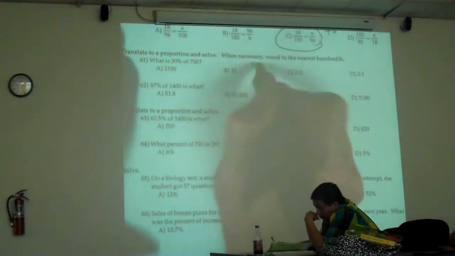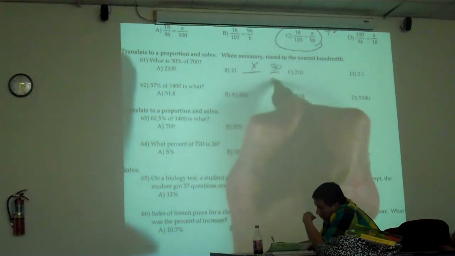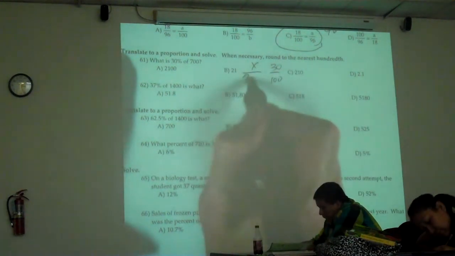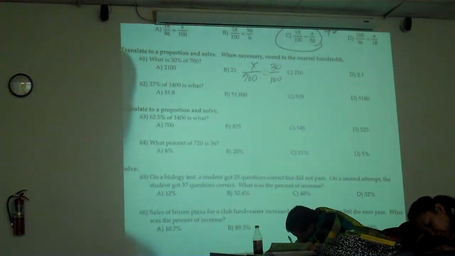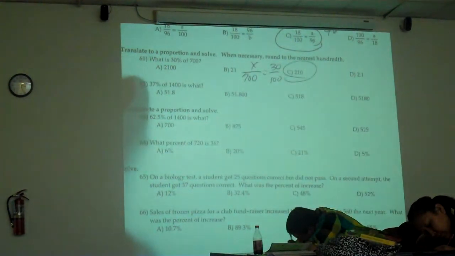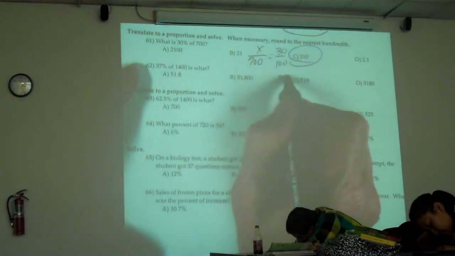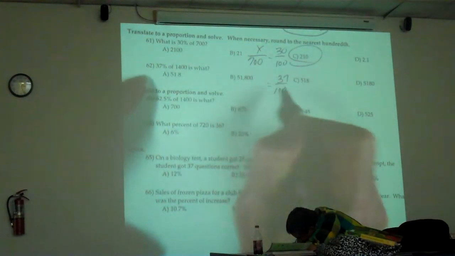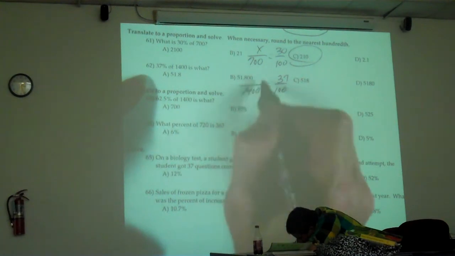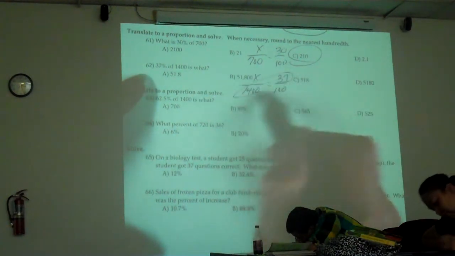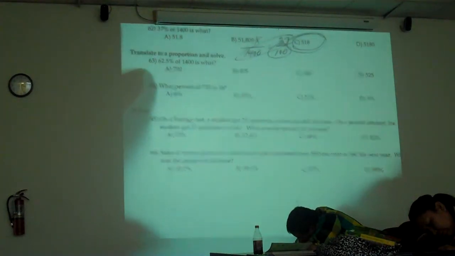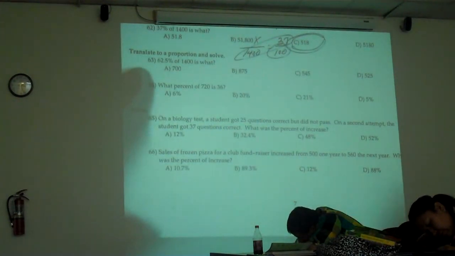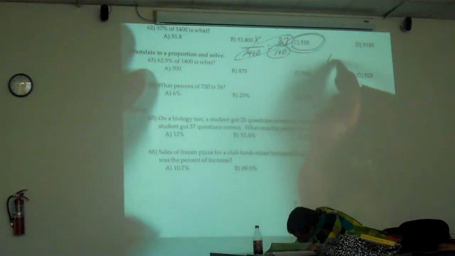What is 30% of 700? 210? Okay, 37% of 1,400 is what? 518? Okay, translate to a proportion and solve. We have 62.5%.